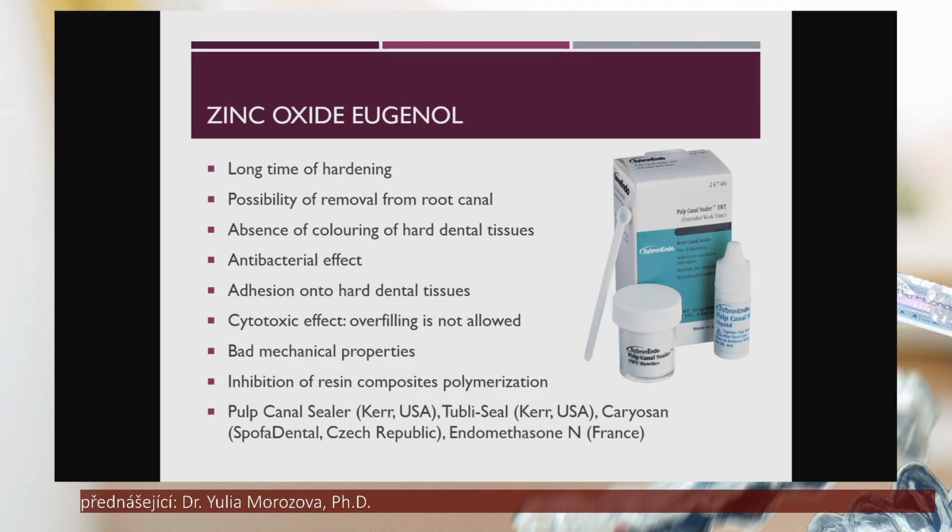So if we plan to provide the reconstruction of the tooth using the composite materials, please don't use this zinc oxide eugenol sealer, or provide ideal isolation between this root canal filling and consequent composite reconstruction. As representatives, we can say, for example, Pulp Canal Sealer, Tubli-Seal, or Endomethasone N.